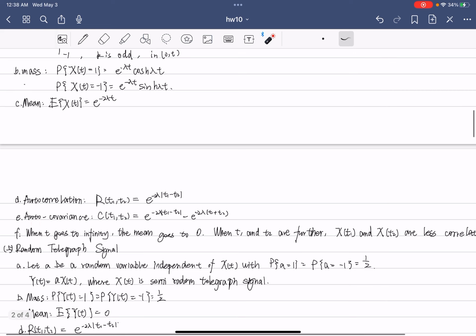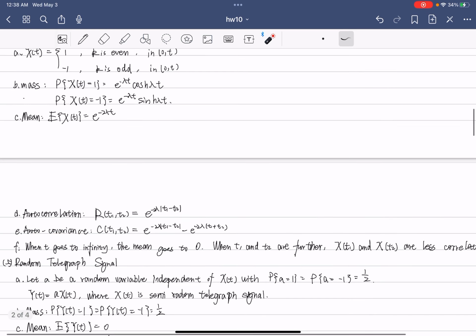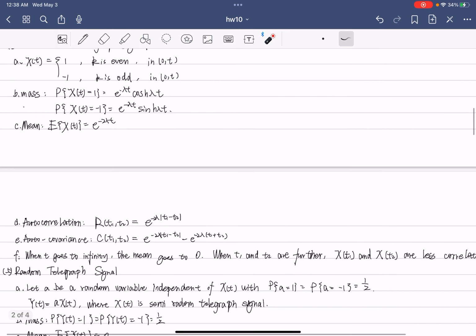The autocovariance equals the autocorrelation minus the product of the means, which is minus e to the power of -2 lambda times (t1 plus t2).